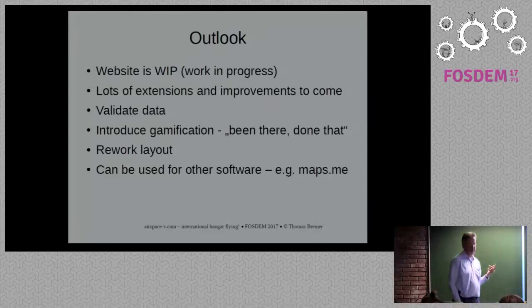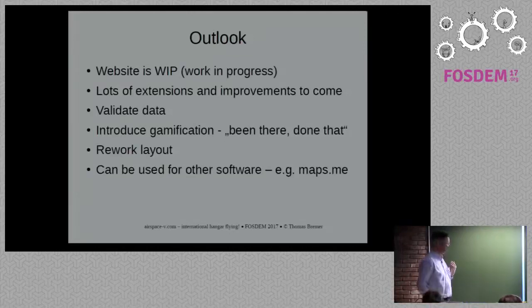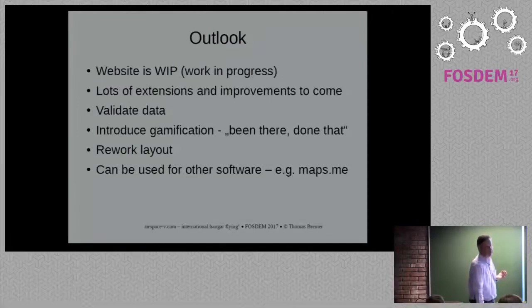The layout will be reworked because it's suboptimal currently, and the ideas I've presented, like the distance calculation and the string search, could also be used in other software, like Maps.me, which, for my feeling, seems rather slow when finding strings in its database. So that's it so far.